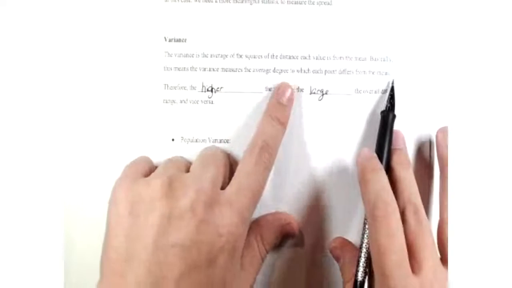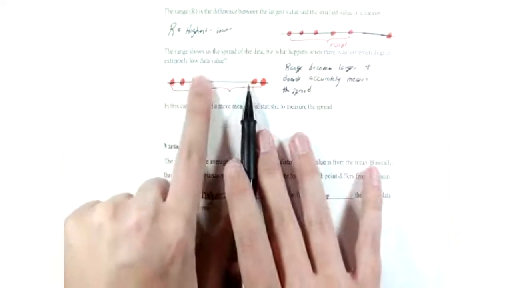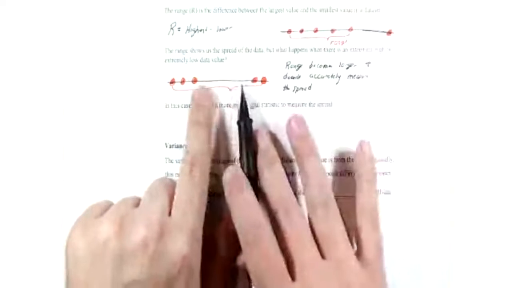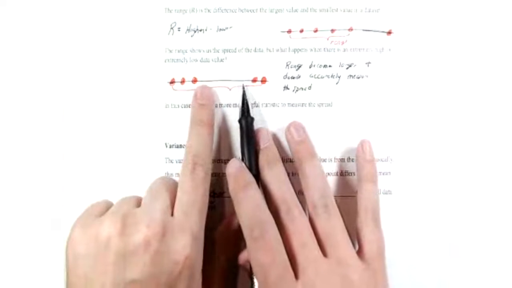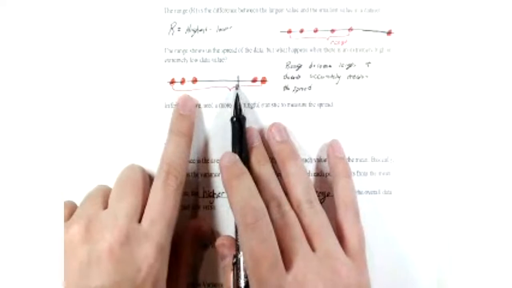So if I have points that are out here compared to here, the mean is going to be roughly over here because there are more data points on this side. So then how much it differs from the mean, if the mean is over here, then I'm taking this difference here and then squaring it and adding them up.